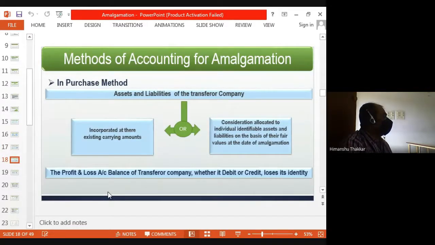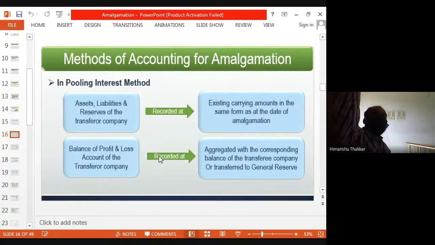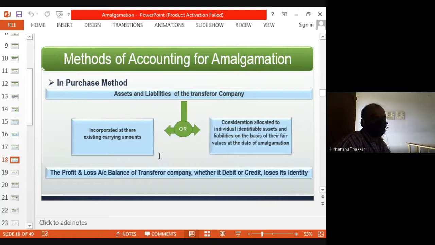Now we are talking about the purchase method. Now the things are going to change a little here. Obviously, there is a difference. That's why we have two different methods. First was the pooling of interest method. The second accounting method, if it is a purchase, is the purchase method. Now here, in merger, you took assets and liabilities as they are into the new balance sheet. In the purchase method, if they don't give you any information, you take the existing values of assets and liabilities.